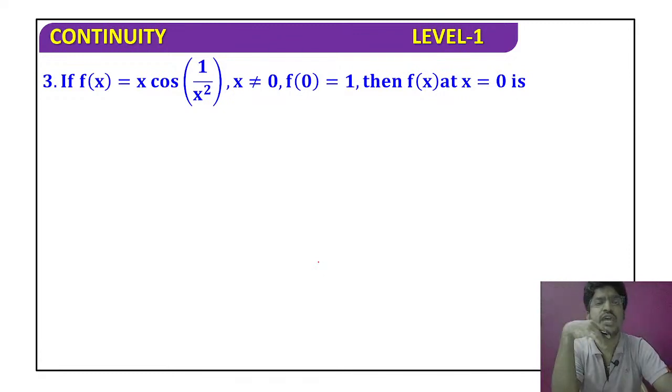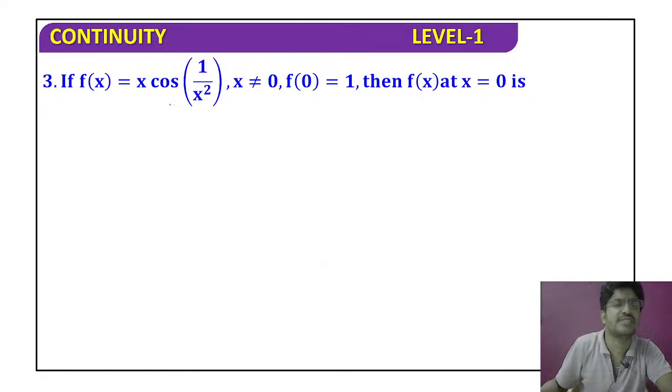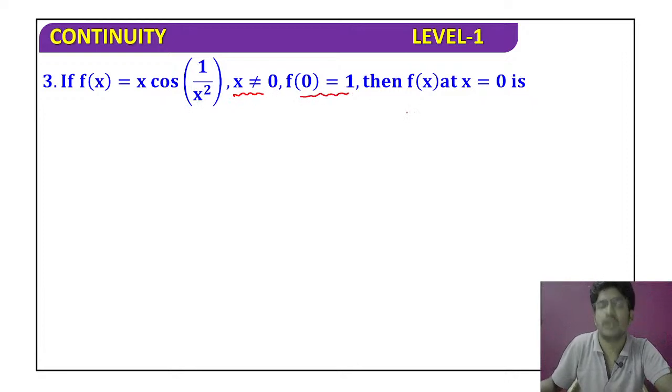Okay, so again here you must know the concept of cos x. Okay, let us see the problem. f of x is equal to x into cos of 1 by x square, x is not equal to 0. f of 0 is 1. Then the continuity of f of x at x equal to 0 is what they are asking.